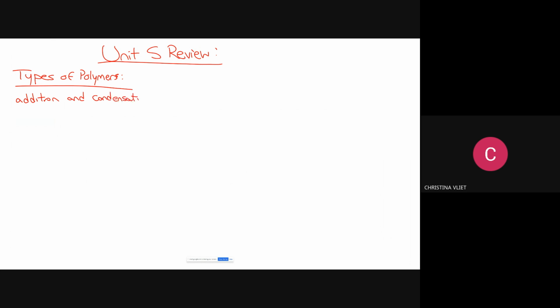This year we went over condensation, but we also learned addition back in AS chemistry, and it can definitely show up again in A level. And so what was the requirement for an addition polymerization? Correct, both of you.